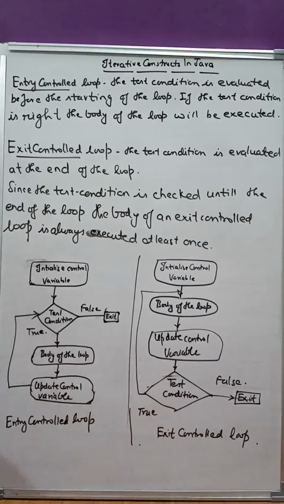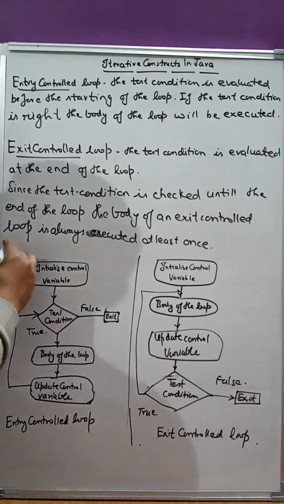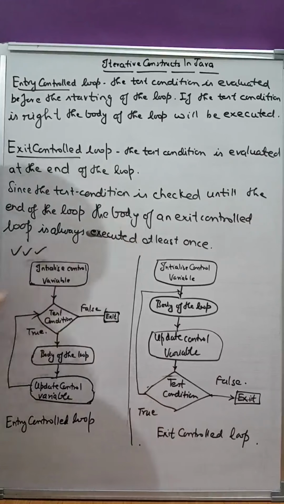For better explanation, I have provided you a flowchart that I have drawn. In this flowchart, first we have initialized the control variable. Once we have initialized the control variable, the next thing to do is to check the test condition.